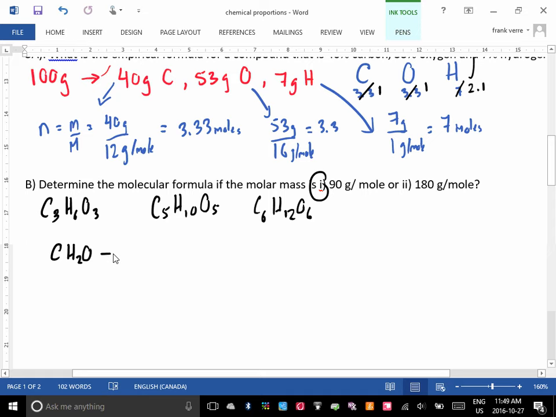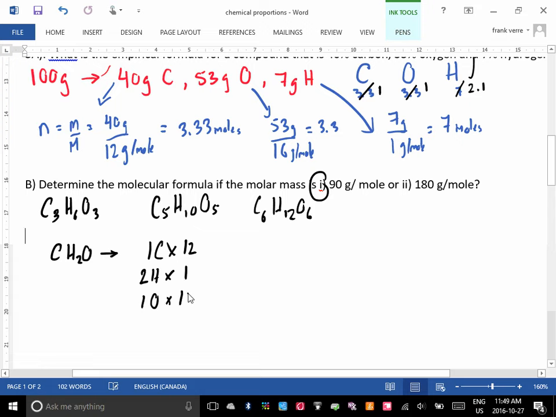CH2O. What would be the molar mass of CH2O? So how would we do that? We have 1 carbon, 2 hydrogen, 1 oxygen. Carbon has a mass of about 12. Hydrogen has a mass of 1.